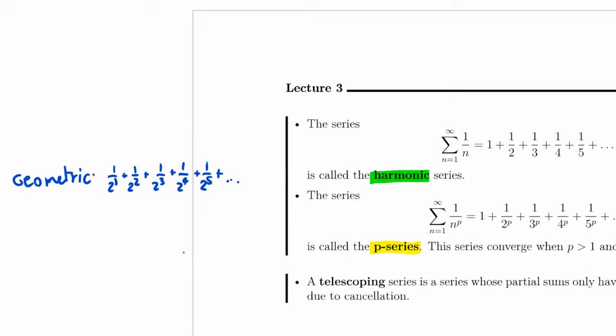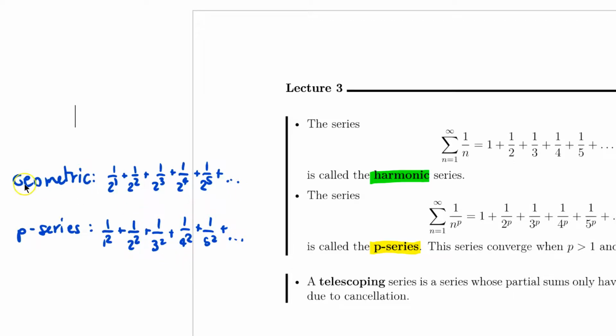But if I have something like 1 over 1 square plus 1 over 2 square, 1 over 3 square, 1 over 4 square, 1 over 5 square, and so on, this is going to be a p-series.